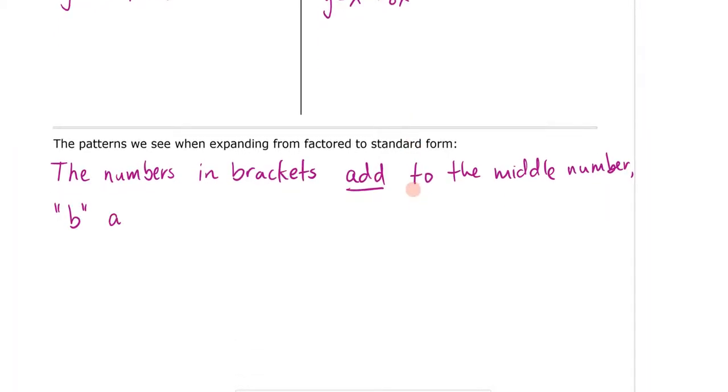Those same 2 numbers multiply to the last number, and that last number is c in the standard form.